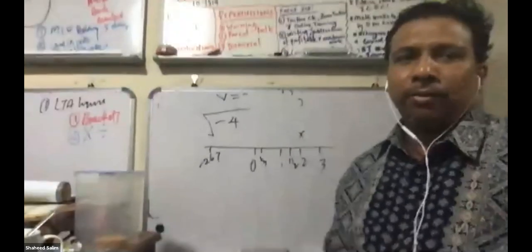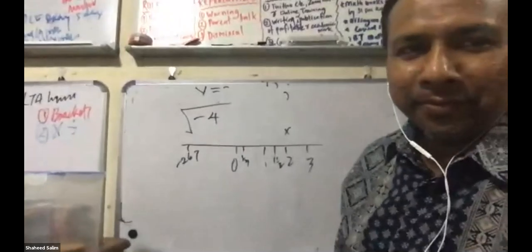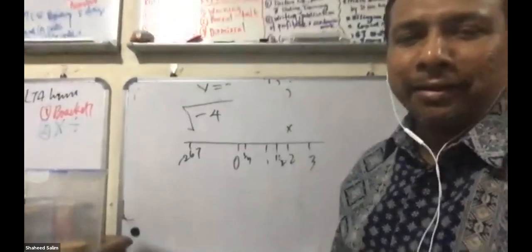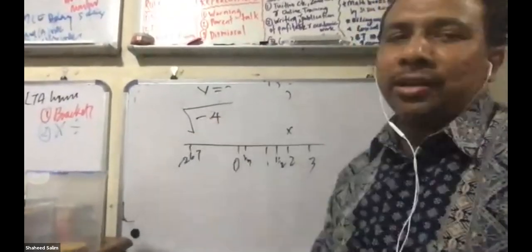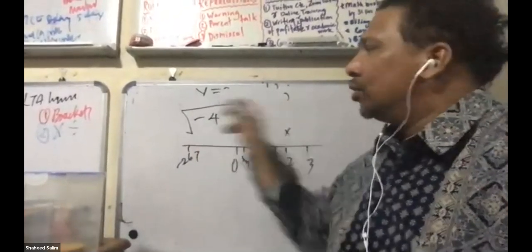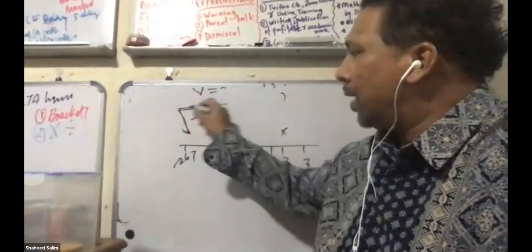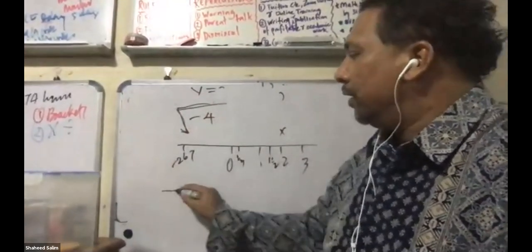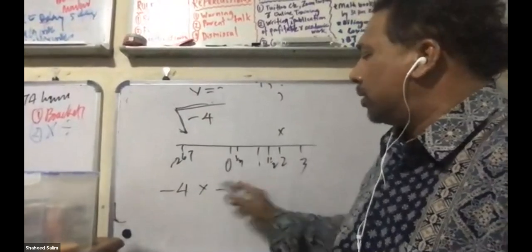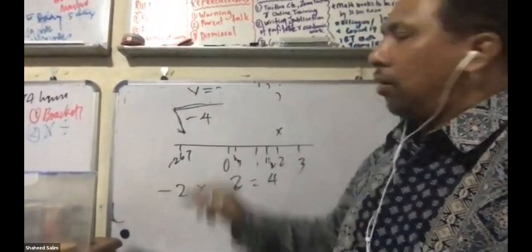For irrational numbers, use your calculator now and try square root of -4. Can you get it or not? What do you get? Cannot get, error. So that is an irrational number. But I can write it down. Yes, you can write it down, but there's no such number. Why? Because square root means same number times itself. -2 times -2 equals +4, not -4.